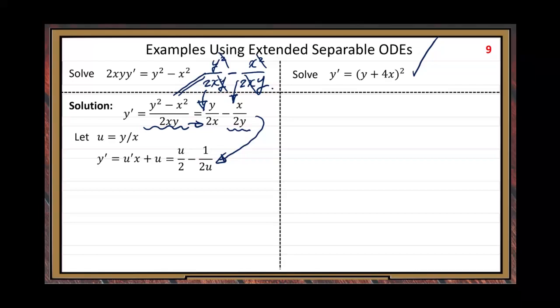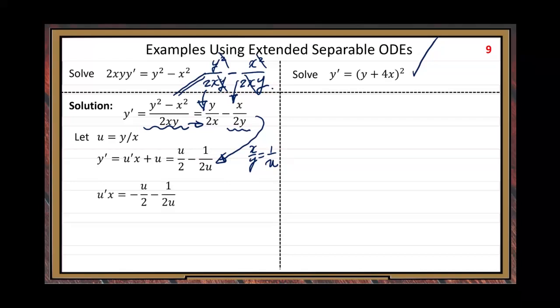The second term, actually the reciprocal of u, right? So x over y equals 1 over u. Then we multiply 1/2 to it.